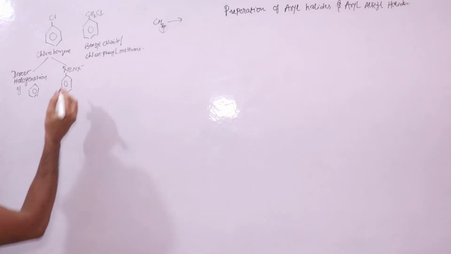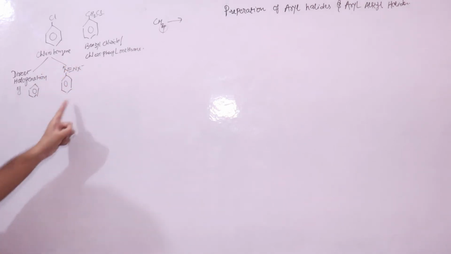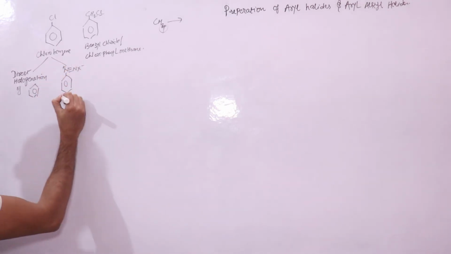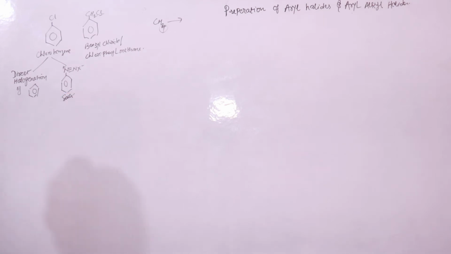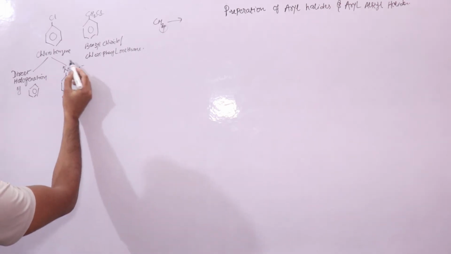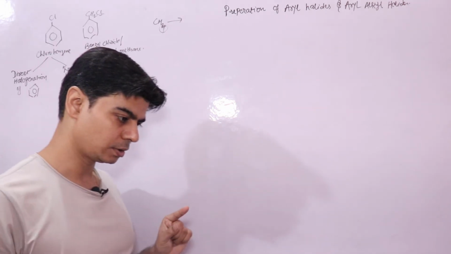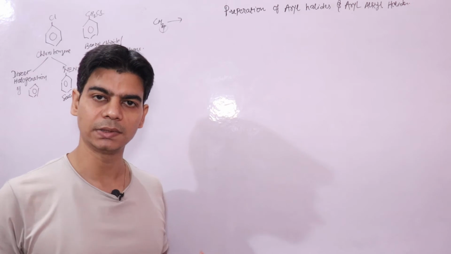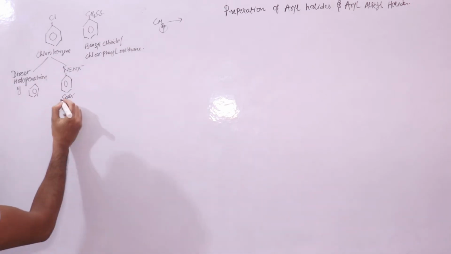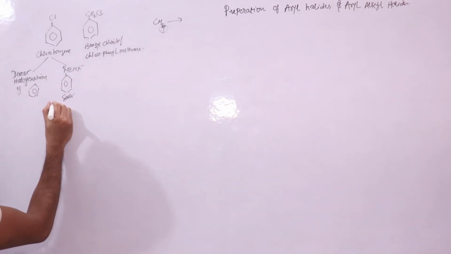You have a plus sign here and a triple bond between. This is your benzene diazonium chloride. These are salts. We'll see how we'll prepare it from here. For the preparation of aryl halides from benzene diazonium chloride, we will go through some important name reactions.